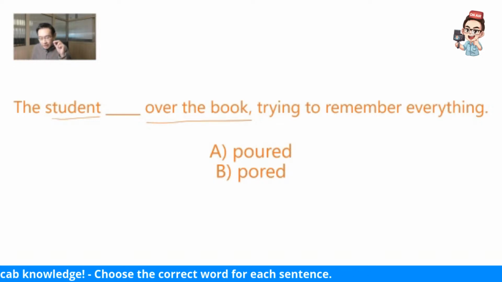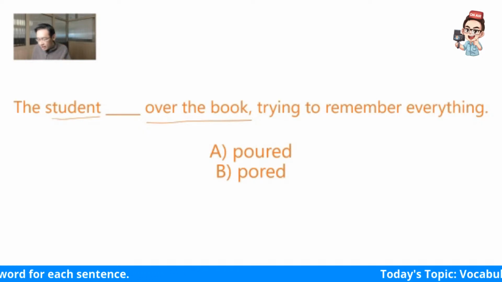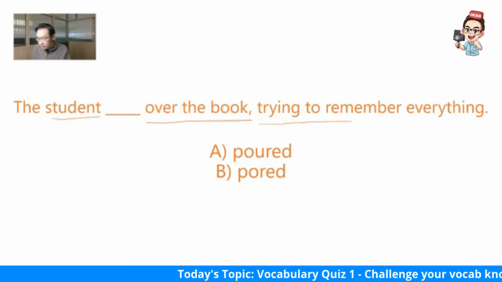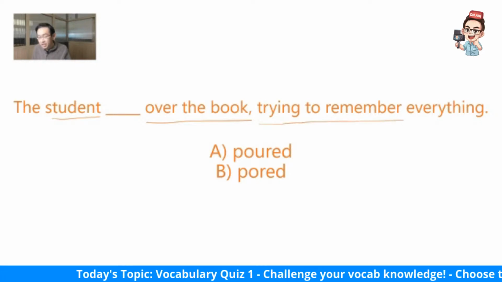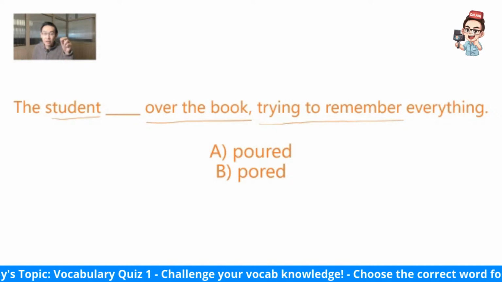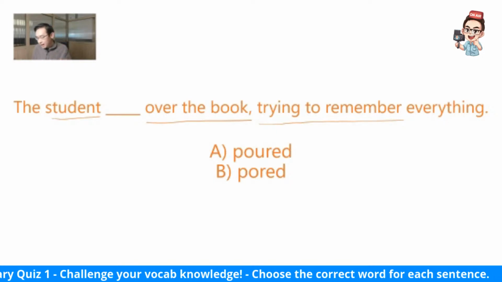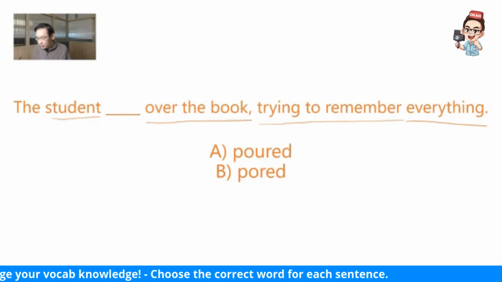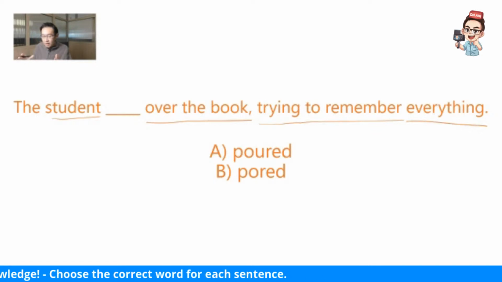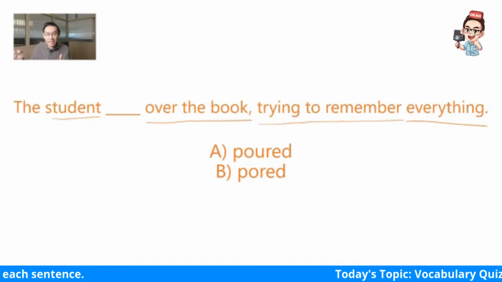Why did this student do something to the book? Well, he or she was trying to remember. Remember, when you are studying for a test, you try to remember all the details for the test, right? Everything. So he or she was trying to remember everything in the book. Maybe the student has a test the next day or something, okay?